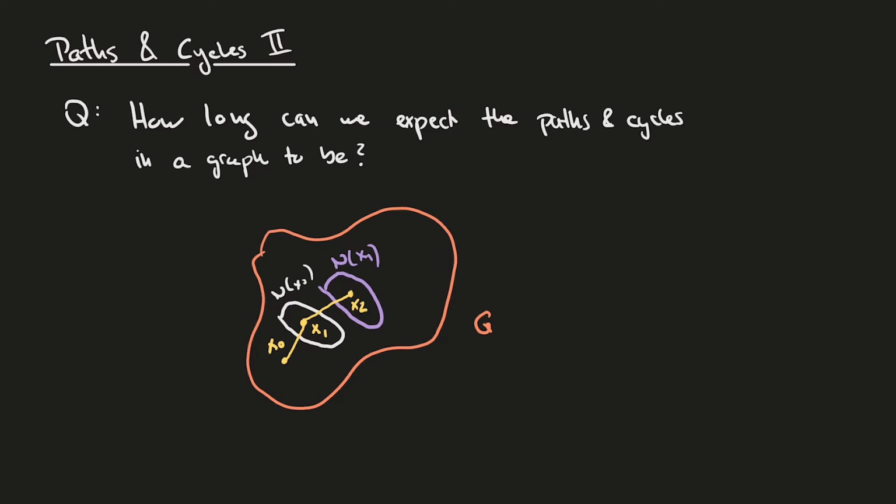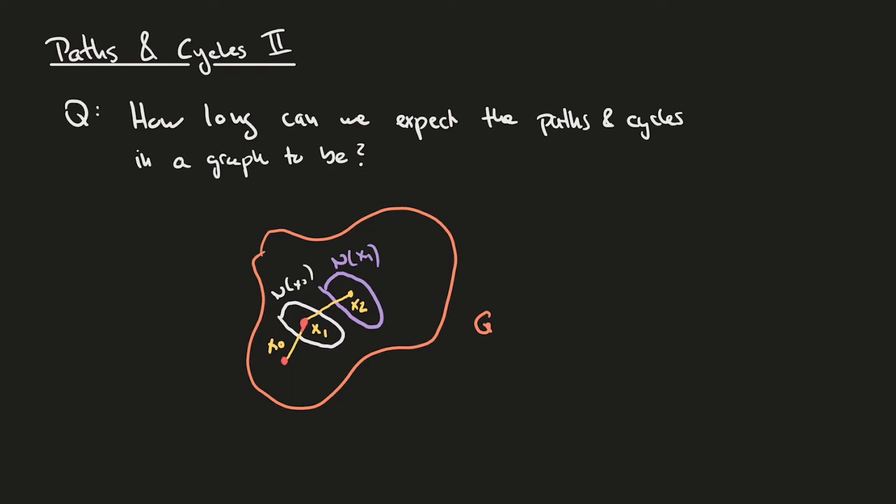Now, the complication that arises with this approach is that we always have to find some vertex in the neighborhood of the vertex we're currently located at that isn't yet in the path. For example, when we're starting at x0, then the neighborhood of x0 needs to contain at least one vertex. Otherwise, we can't even get started extending the path.